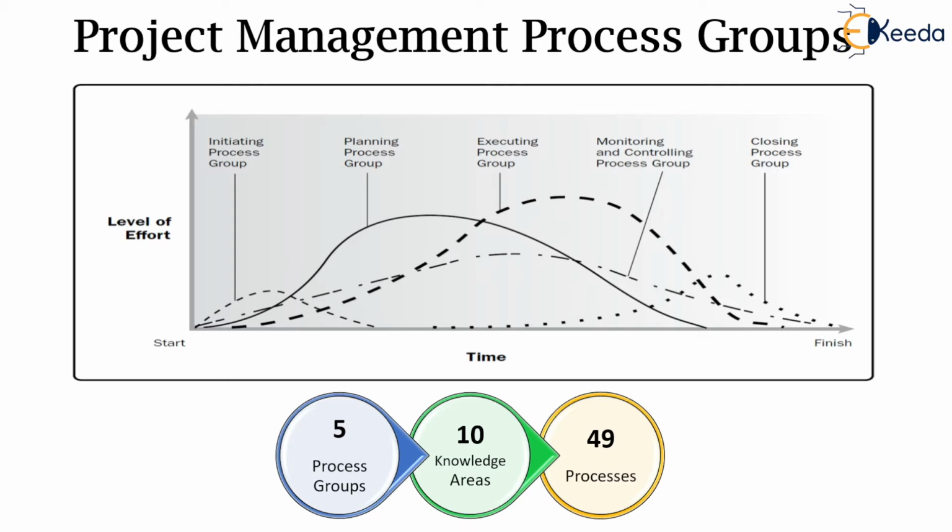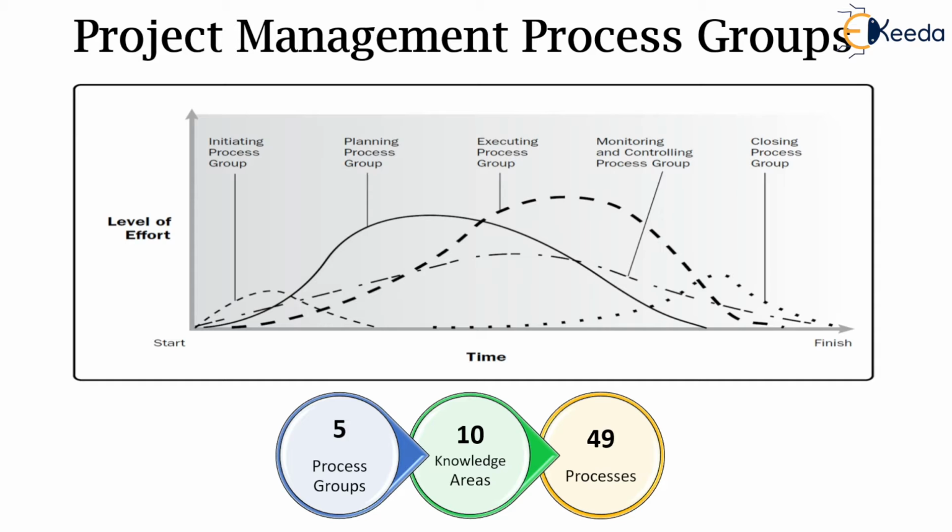Next is the execution process group, which will start sometime later than the planning process group, and reaches its peak. And it is the highest peak, as you can see, and the level of effort will rapidly come down towards the closing group.